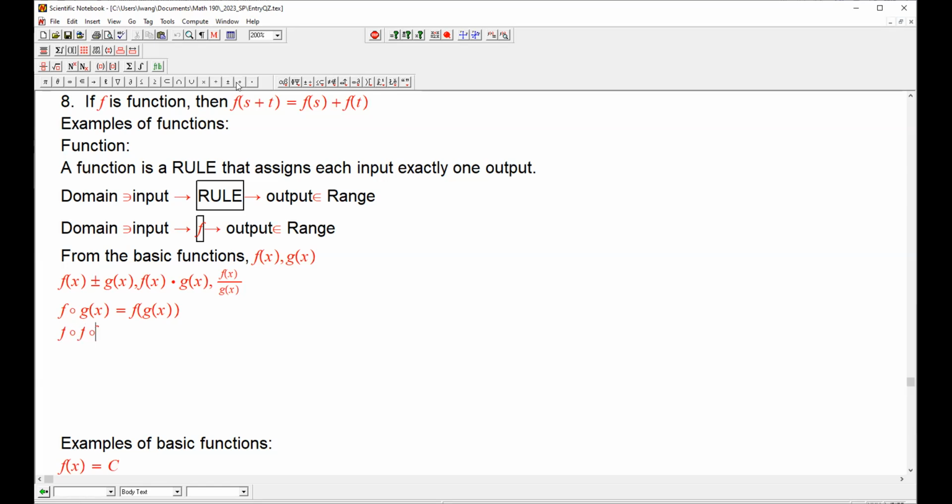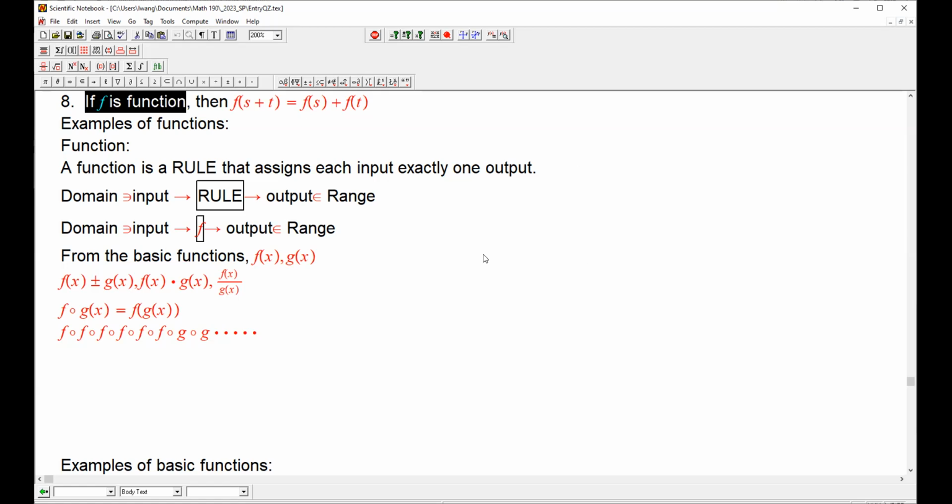You can do f composite f, you can keep going forever. And the g, right? Think about the possibility. You're going to make even more functions. Just keep going. How many layers? Who knows? As many layers as you want. All of these can produce new functions, and all of these new functions are included in this statement if f is a function. And then it says, well, what does this mean?